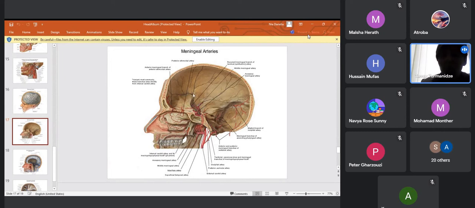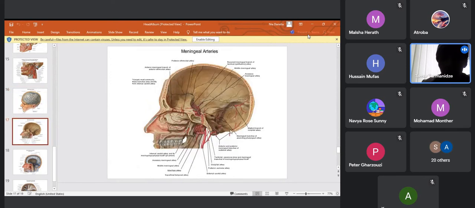So that's why trauma of the temporal bone is most dangerous. Why? Because there is more chance to damage the middle meningeal artery, which is very closely located to the inner surface of the bone. This artery supplies the dura mater.